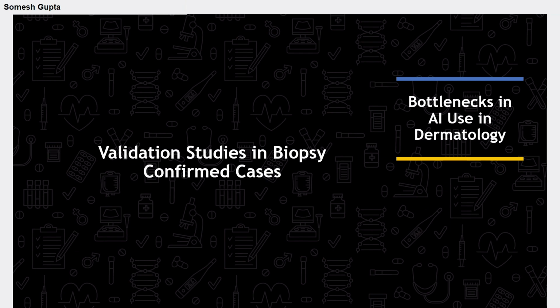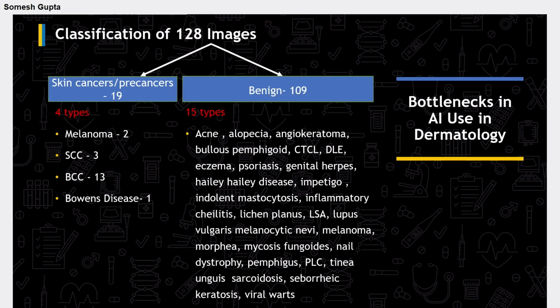Then we moved on and did a pilot study on biopsy confirmed cases. These were the different patients in whom we could test the algorithm: melanoma was 2, SCC, BCC, Bowen's disease, and a large number of benign diseases with which patients came during this period.